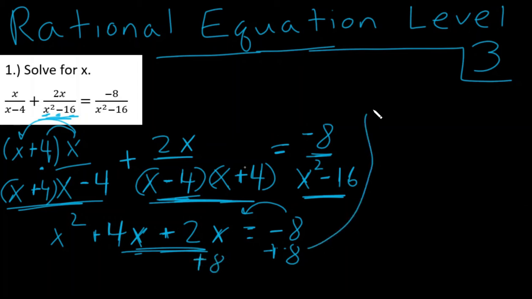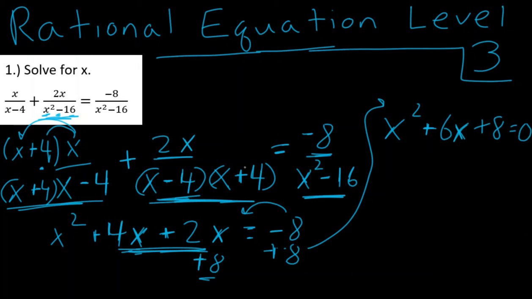Let me go ahead and bring this right up here where I've got some room. And so we'll write x squared, and I see that 4x plus 2x will of course give me 6x. And notice we're also adding 8 plus 8, which is equal to 0.